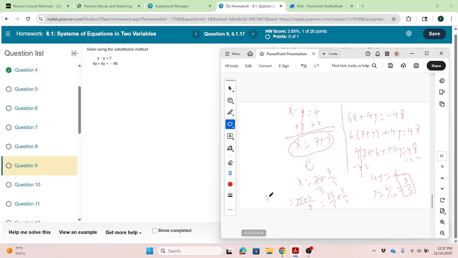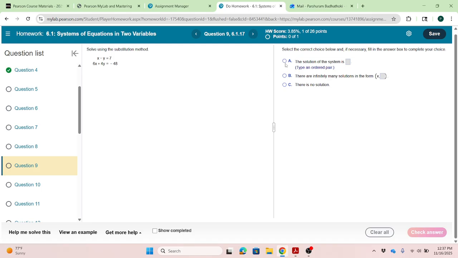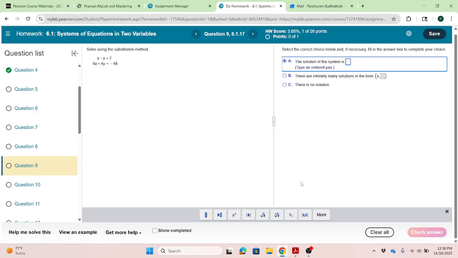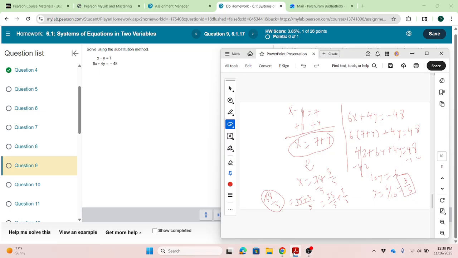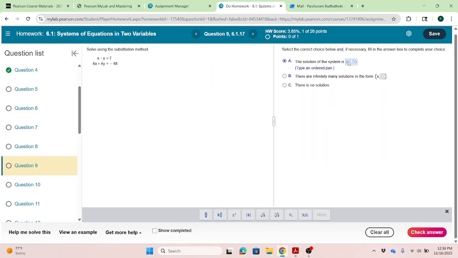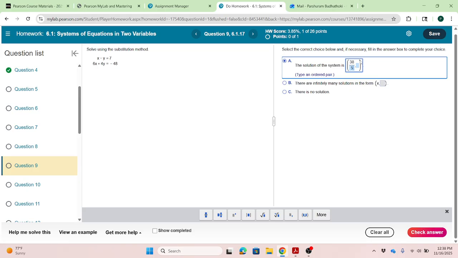So the value of x is 38 over 5, and the value of y is 3 over 5. So the answer for this question is x equals 38 over 5 and y equals 3 over 5, and that is the solution.